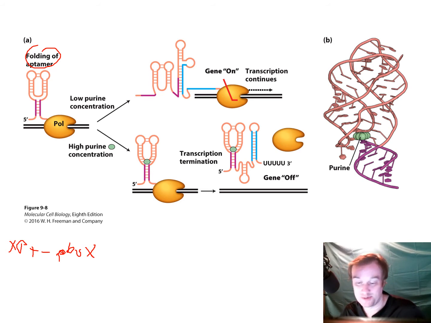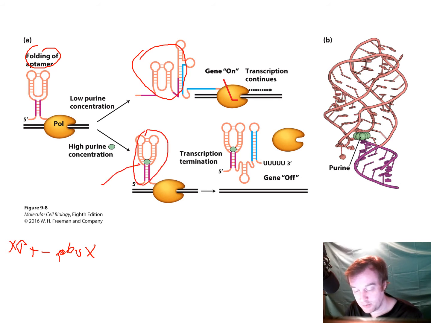So that's the most important part. We have this 5' UTR that has a riboswitch, and this can fold into alternative structures depending on the concentration of those purines. We have this conformation right here for low purine concentration, and in this high purine concentration, you see that a purine is actually bound to where this fork is in the RNA.